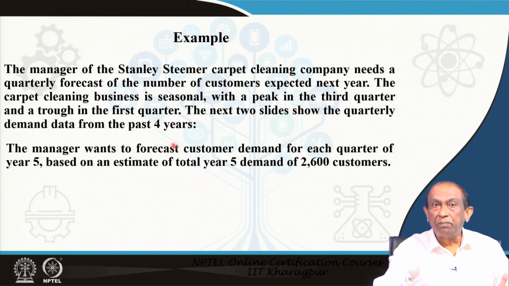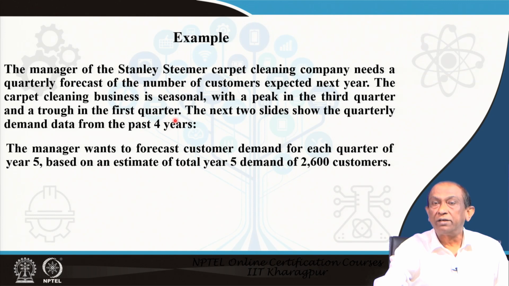It will be very simple if we look at this example. The manager of the Stanley Steamer Carpet Cleaning Company needs a quarterly forecast of the number of customers expected next year. So, the carpet cleaning business is seasonal with a peak in the third quarter and a trough in the first quarter.